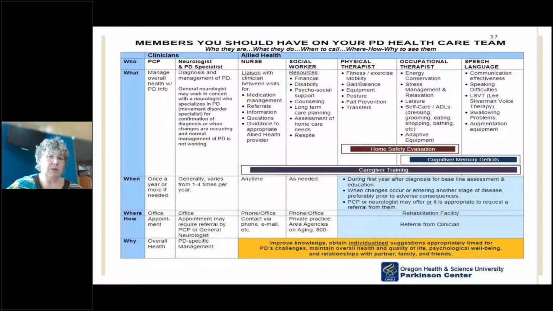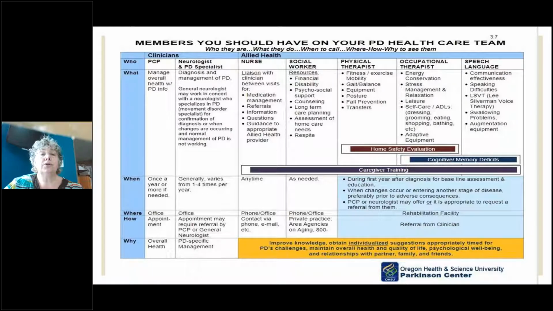It does take the PCP at the center to refer out to all of these different things. Based on Medicare's requirements, a neurologist can't refer in other specialties, but a neurologist can send a note to your primary and recommend that the primary refers out to other specialists, okay?